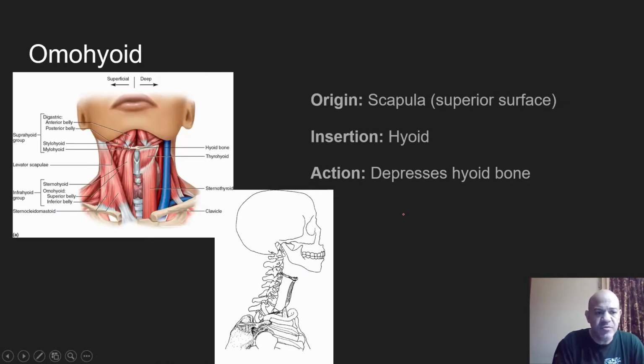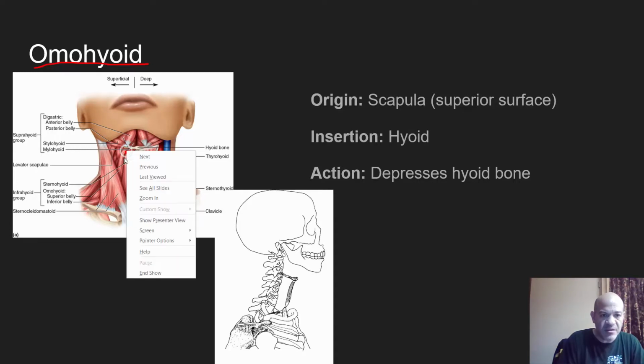Then we have two muscles in the neck that are part of the infrahyoid group. The first one is lateral to the second one, but they're both here in the neck region. If we remove that thin sheet of muscle that covers all these muscles, the platysma, which was mentioned in the last one, the first muscle we're going to look at is the omohyoid, which is lateral to the other muscles.